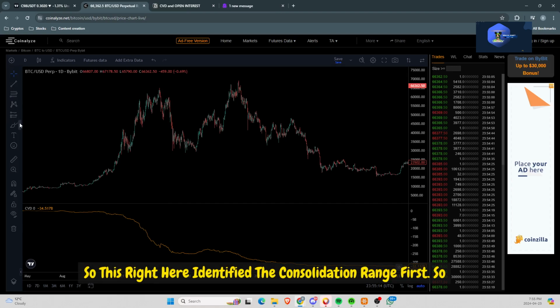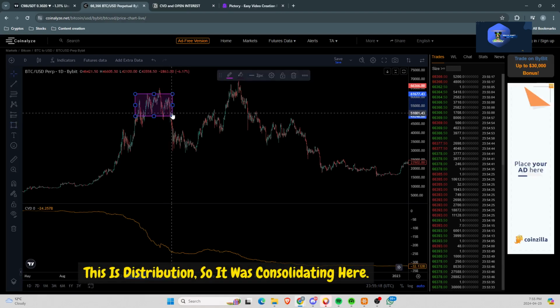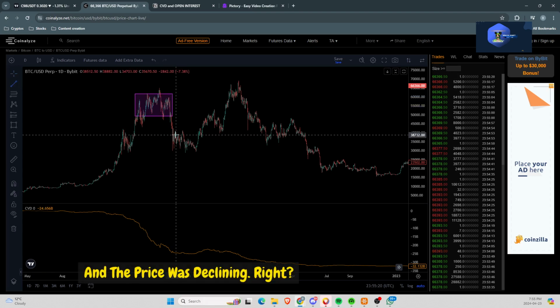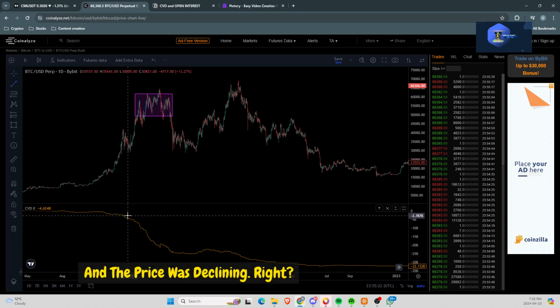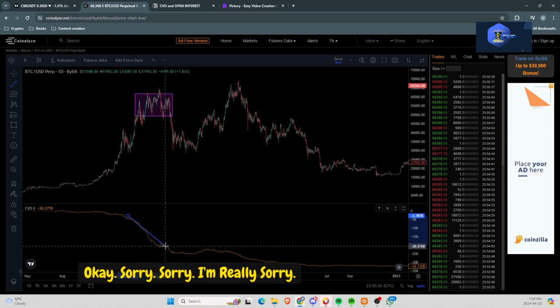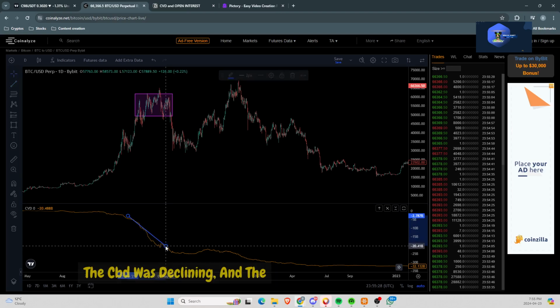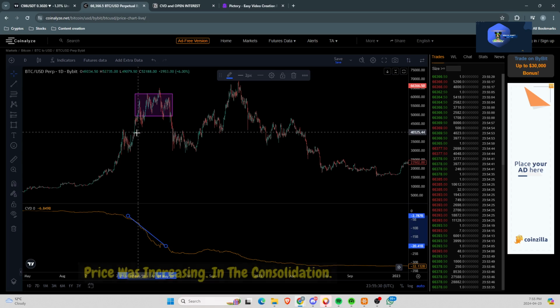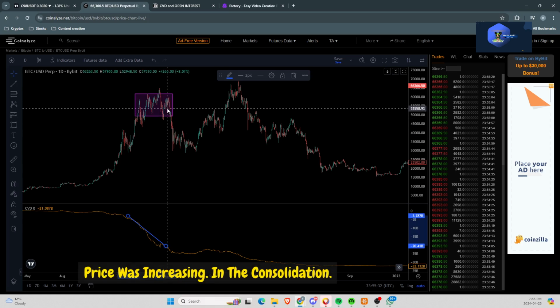So this right here, identify the consolidation range first. So this is distribution. It was consolidating here, and the price was increasing. Sorry, the CVD was declining and the price was increasing in the consolidation.